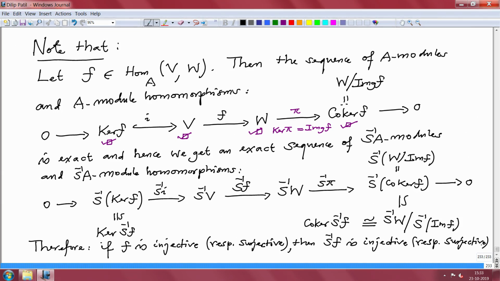This means the S inverse operation preserves the injectivity of maps and also preserves the surjectivity of maps.